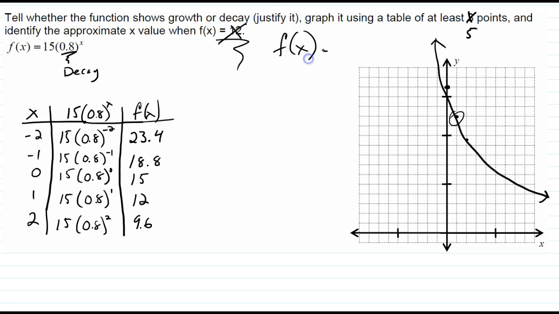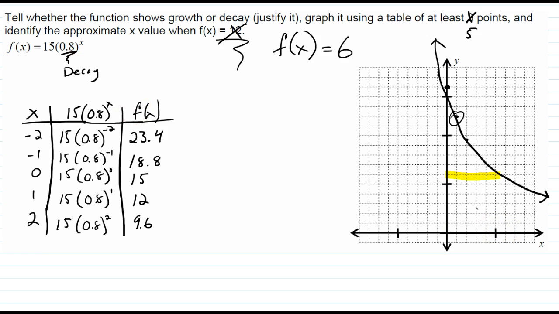So let's figure out when this thing is going to equal, let's say, 6. If you look at your graph, we want to figure out when the output is 6. So we're going to come along here, and it looks, using my graph, that it's about between 5 and 6.